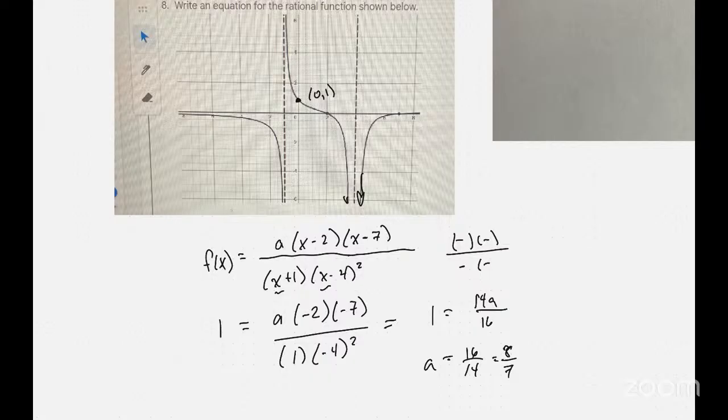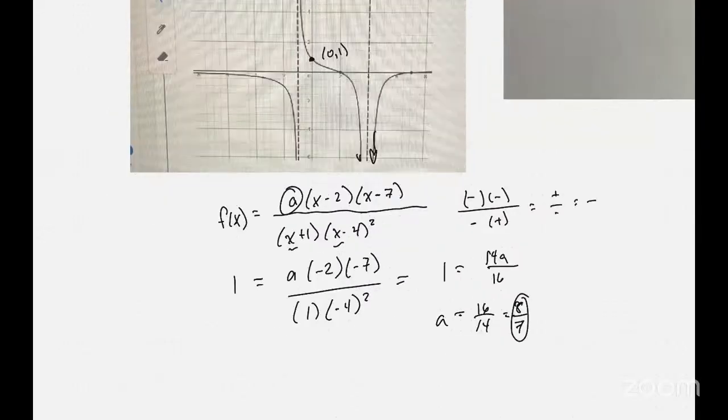And if you plug in a high positive value, to the right of 7, it should be positive, which you can see that it's going to be. So yeah, 8/7 is probably your scalar, your a. Did you have to include that in the function? Yeah, I would.